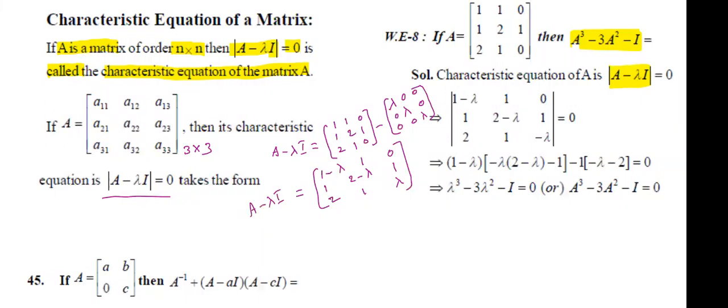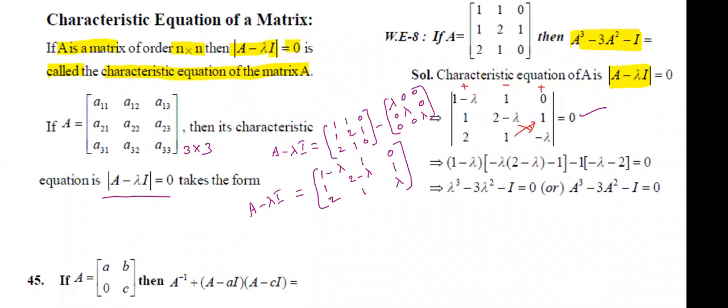Then apply the determinant. You know the sign symbols: here is plus, here is minus, here is plus. 1 minus lambda into, multiply these two, minus lambda into 2 minus lambda. Next, 1 into 1, minus 1 into minus lambda, 2 into 1, that is minus 2.